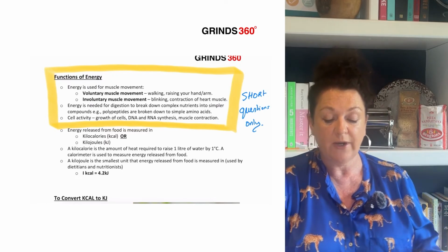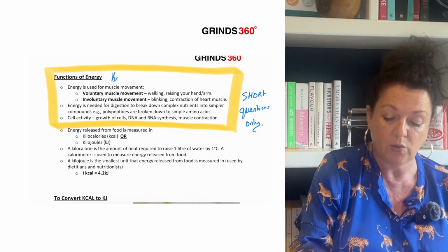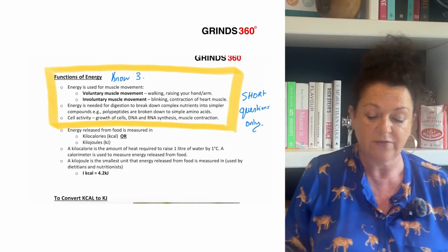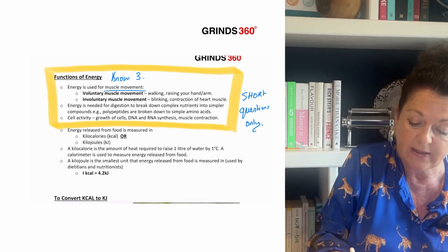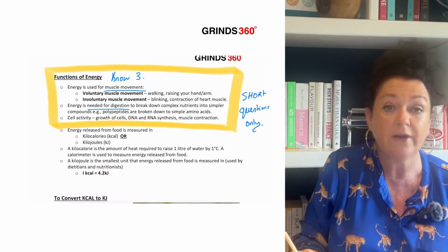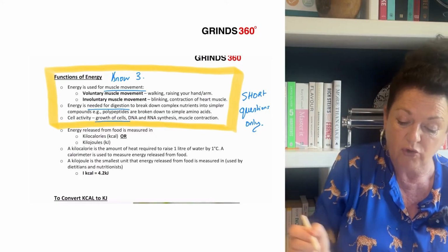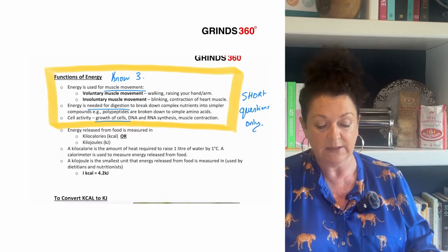And I would learn 3. So we'll need to know 3 of these functions of energy. First of all, muscle movement. Secondly, needed for digestion. And thirdly, growth of cells.